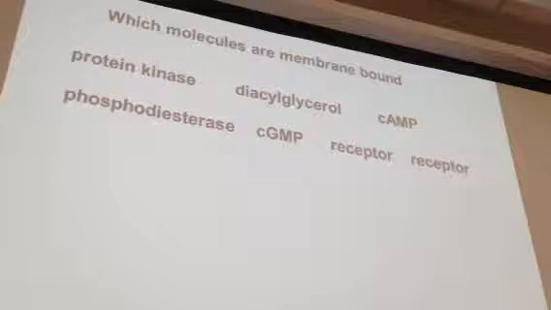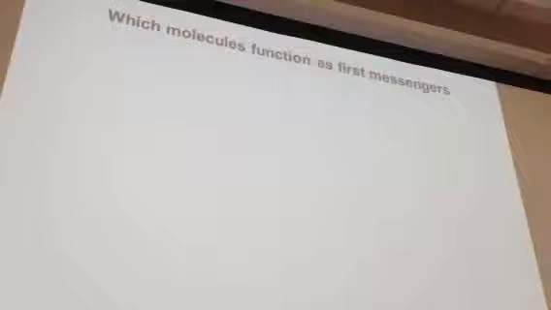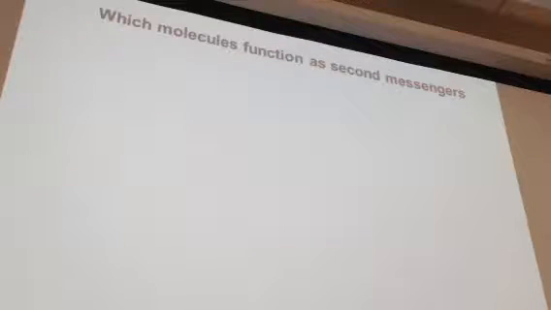Which of the molecules function as first messengers? What's our first messenger? The hormones. Exactly. So our hormones, or if we're still looking at the nervous system, our neurotransmitters are the first messengers. All right.